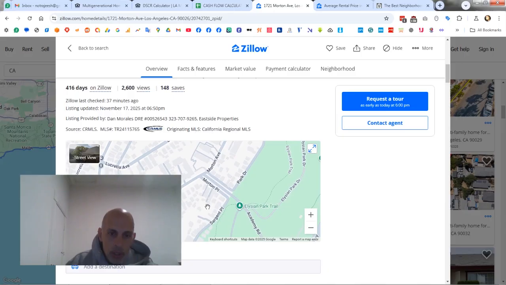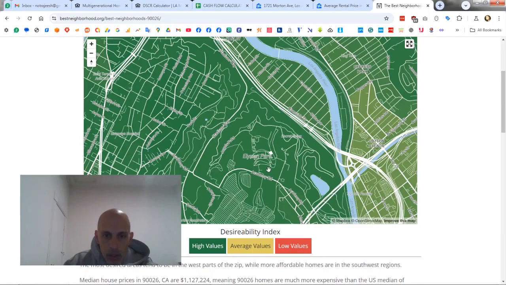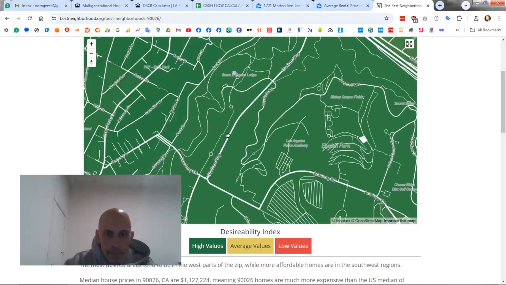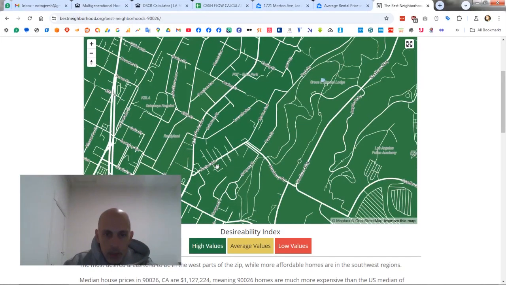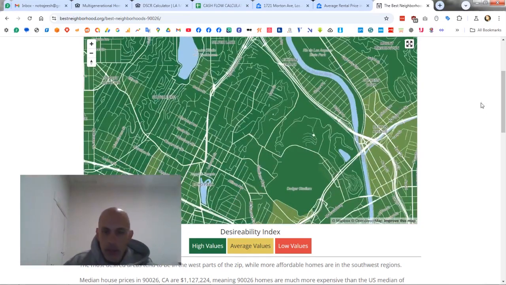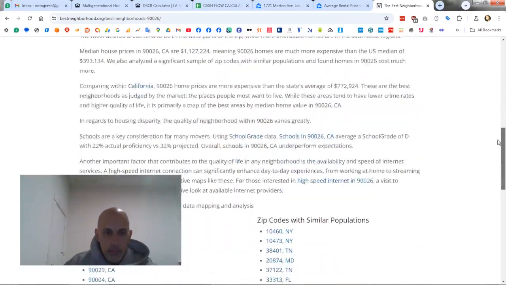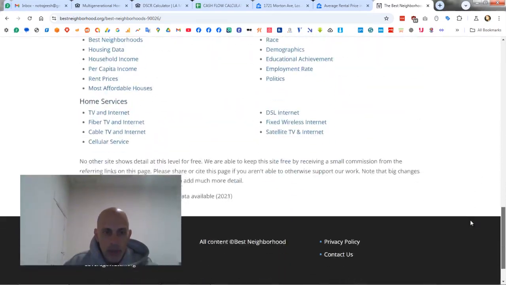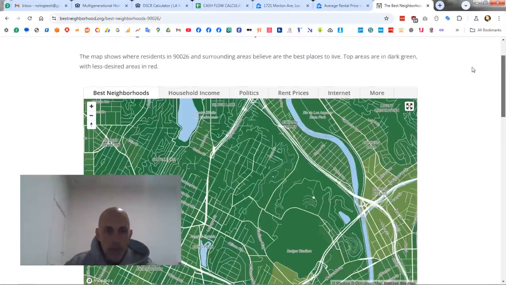This is Morton Ave, Morton Place, Sergeant Place and Park Drive. Sergeant Place, Park Drive, Morton Avenue, right here. So this is a really good area in terms of property values. Let's say quality of life, though.